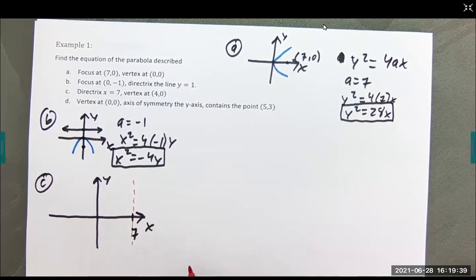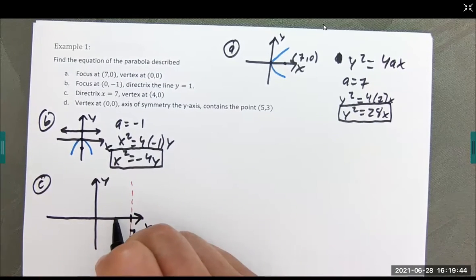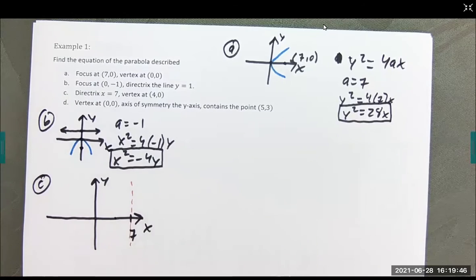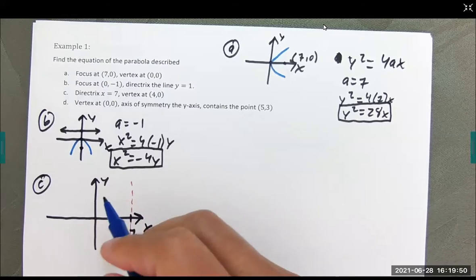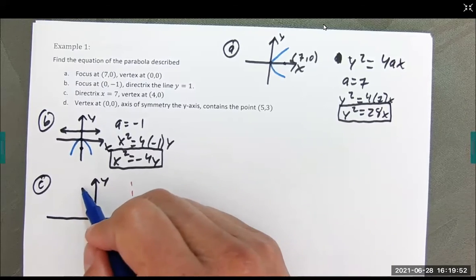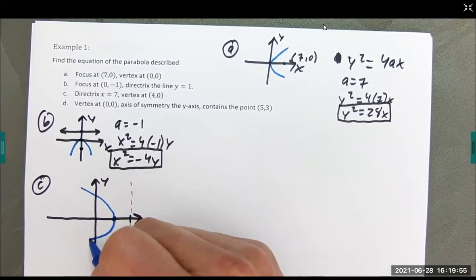And our vertex is at 4, 0. So we're here. This is at 4, 0. And so it must be opening this way. So it's doing this.